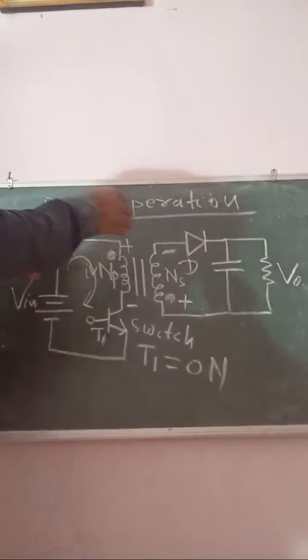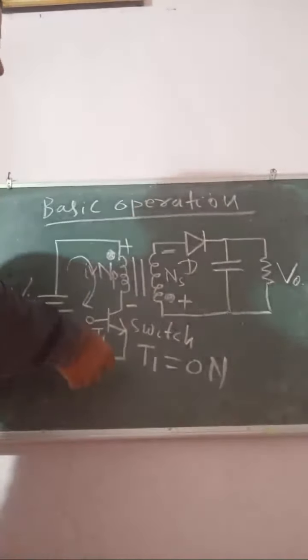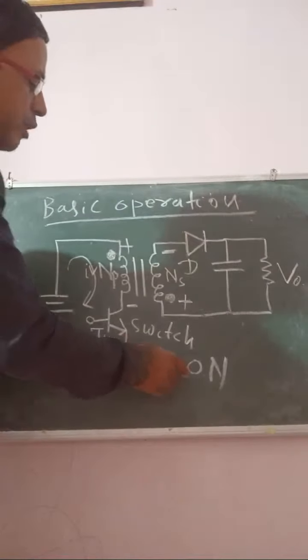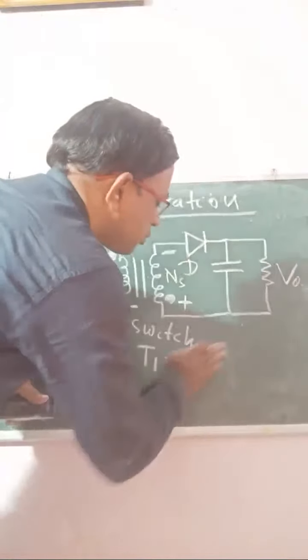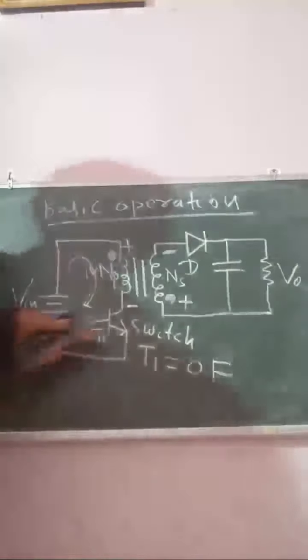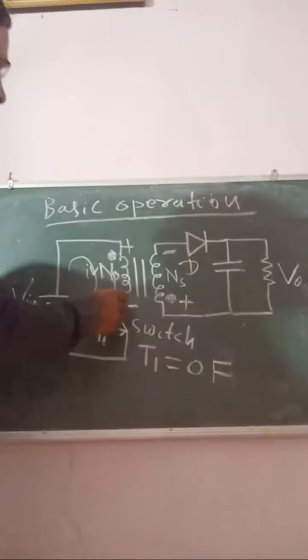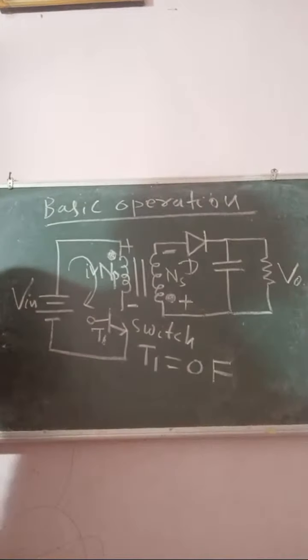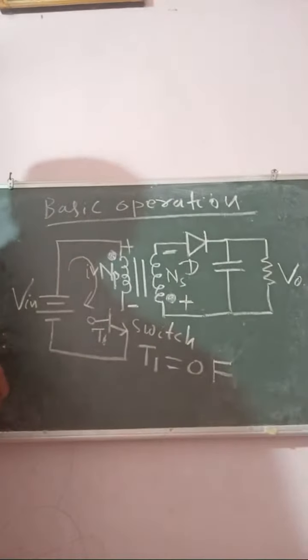So after some time, T1 is off. When T1 is off, the switch acts as an open circuit. Then what happens when T1 is off?